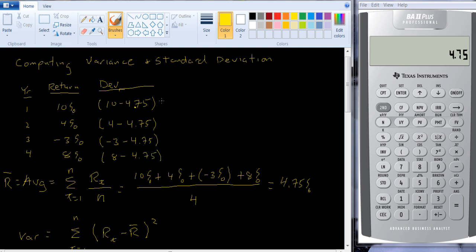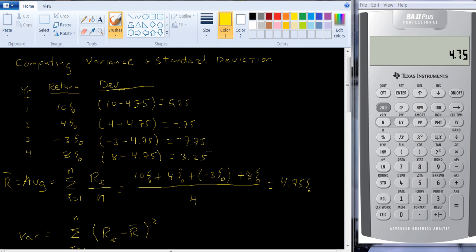And we can work these out. This is going to be 5.25. This is going to be equal to negative 0.75. This is going to be equal to minus 7.75. And this is going to be equal to 3.25, I believe.